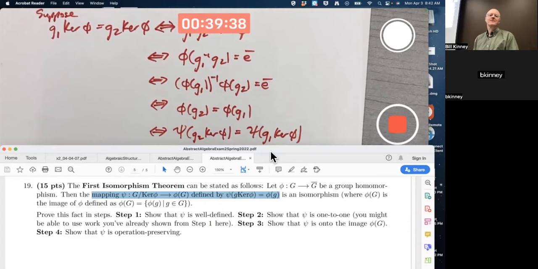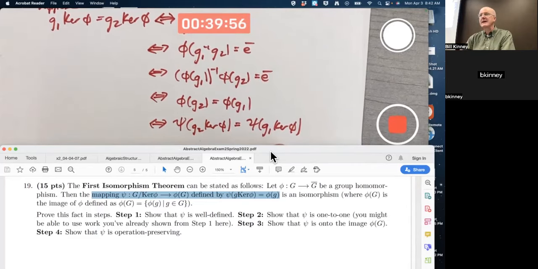Okay, the proof for step 2 is the exact same set of equivalencies, but in the opposite logical order. Because what does 1-to-1 mean? If the outputs are the same, the inputs must be the same. So with 1-to-1, start by assuming that the outputs of psi at these two inputs are the same.